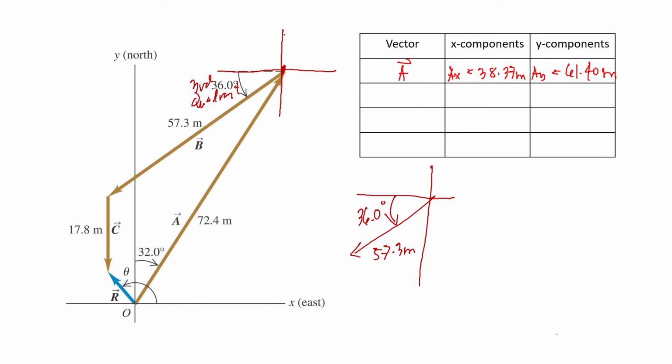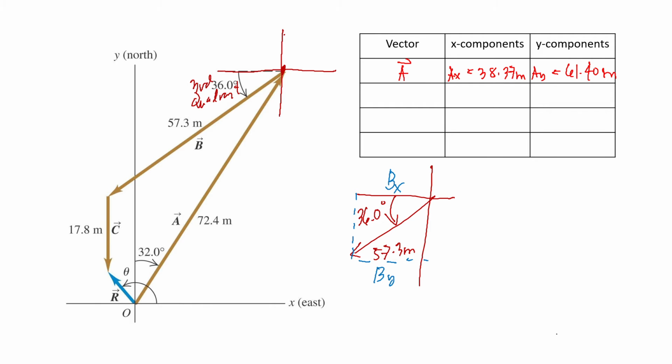Okay, so projecting your B on the x-axis here, we have our BX, and then projecting on the y-axis, you have your BY. From here, you will know that your BX and your BY should be negative, right?